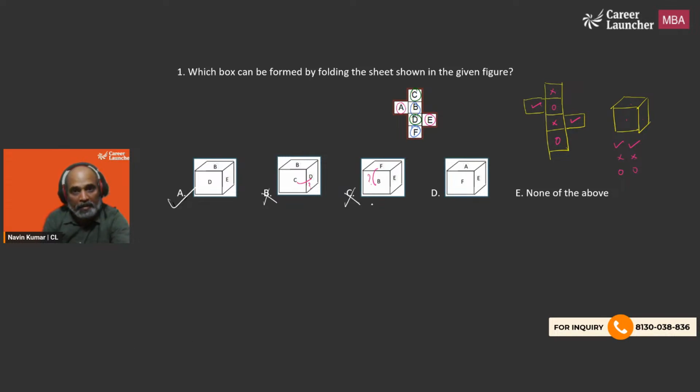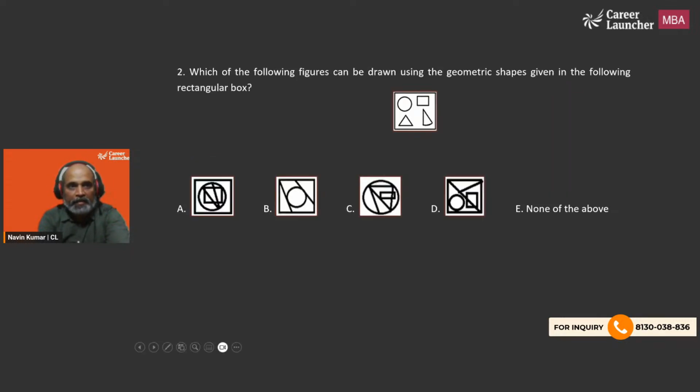So this cannot be our answer. If you look at option D, we have A, F, and E. How come we see A and D simultaneously when they are written on the opposite faces? So because of this reason, D also cannot be our answer. So anyways, we had got A as the answer. So that is the answer we are going to get.